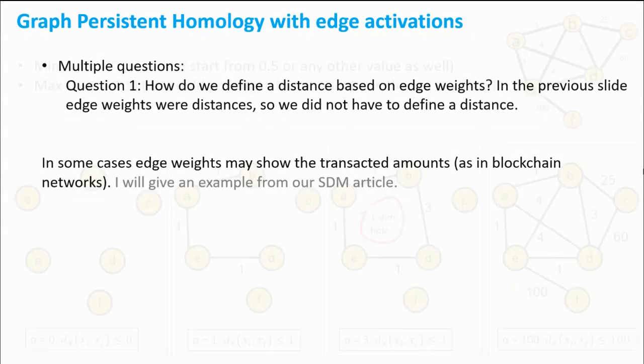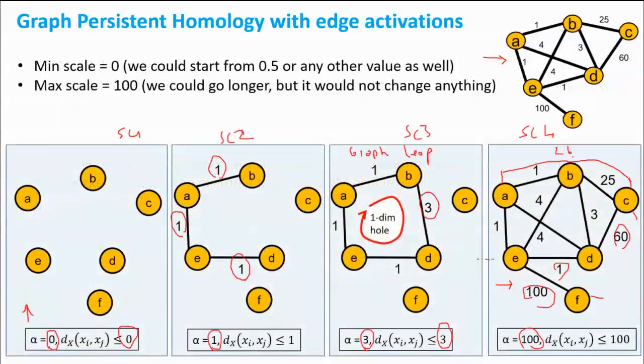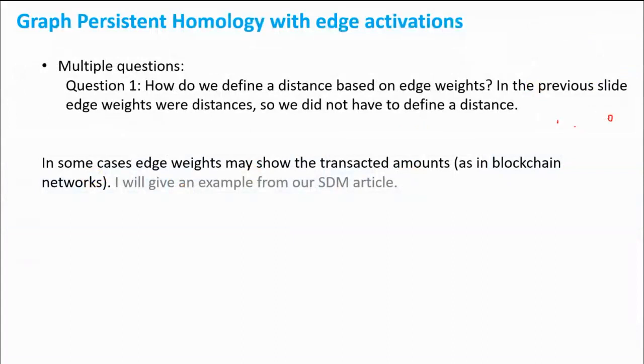So let's say you have 2 addresses and they are transacting 500 ethers, which is a cryptocurrency. And then another pair is transacting 2 ethers. How do we define distance? If you think about it, the distance between the second one and the third one should be less than the distance between the first one and the second one.